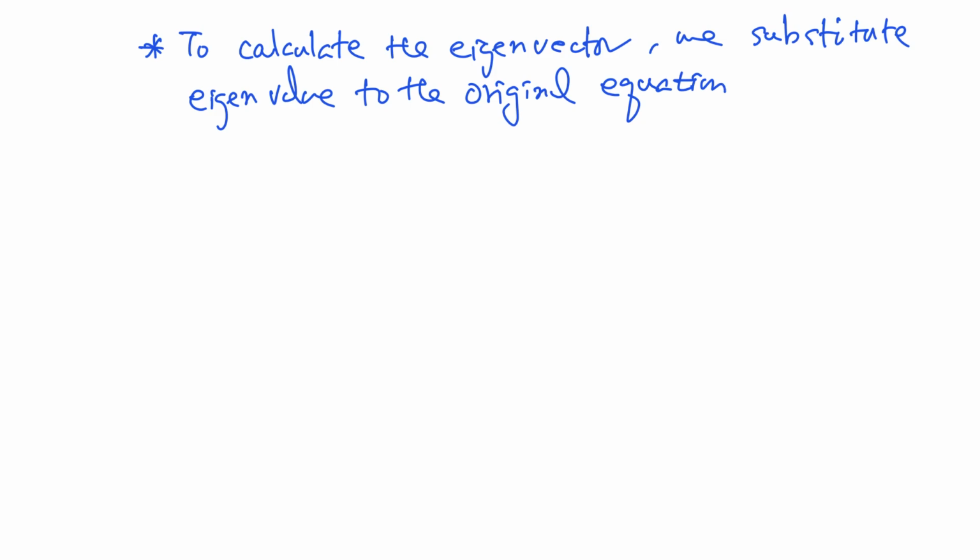For example, when λ is equal to 1, call this |λ1⟩. Then A|λ1⟩ = (+1)|λ1⟩, right?